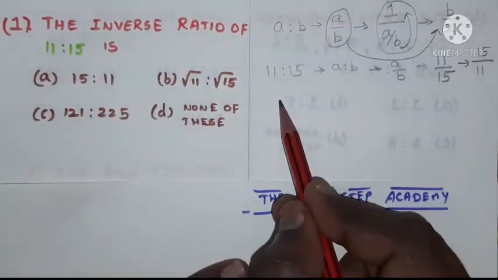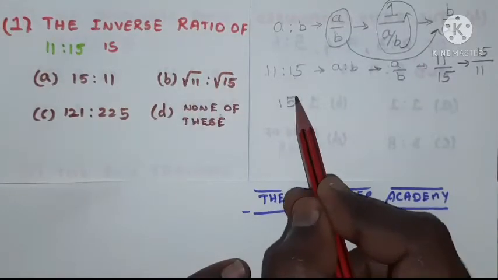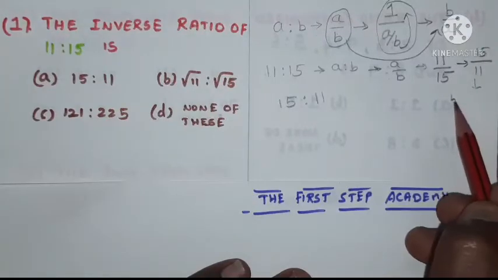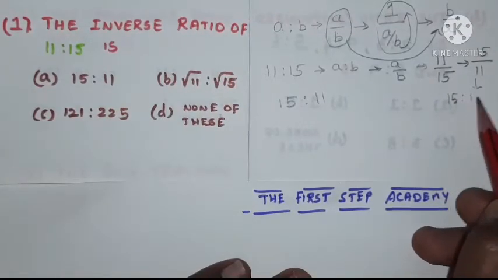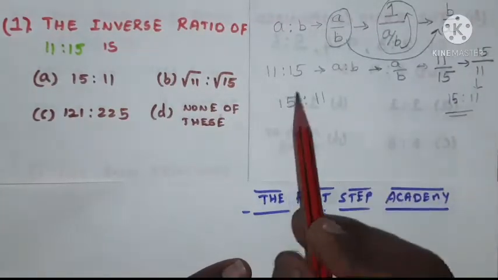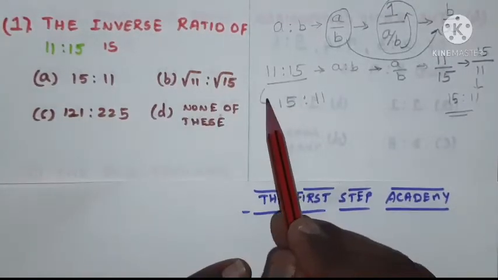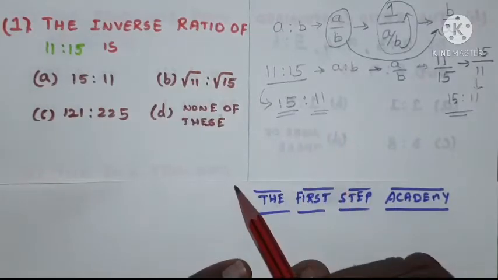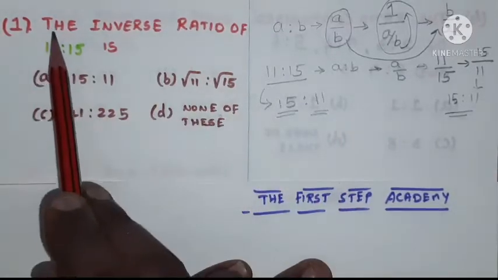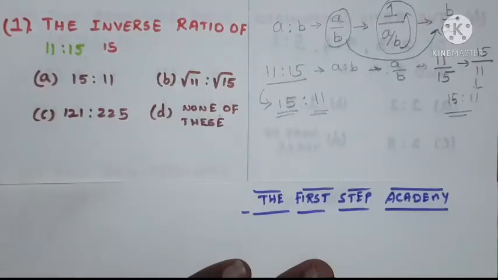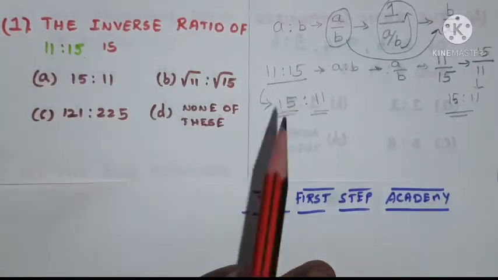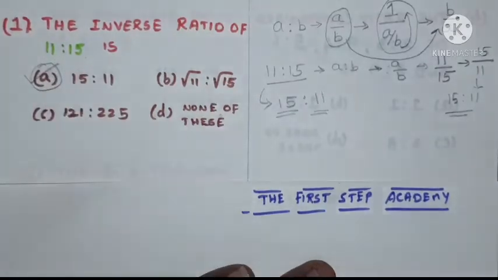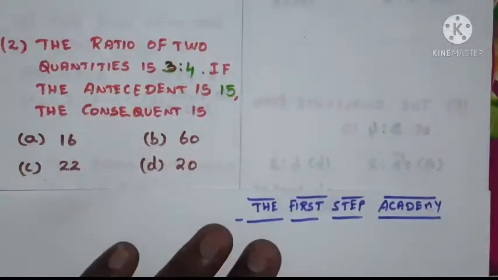So the inverse ratio of 11 is to 15 is 15 is to 11, where 15 is the antecedent and 11 is the consequent. They asked us for the inverse ratio of 11 is to 15. It's a very simple, direct question. The answer is option A, 15 is to 11. Right? Hope you understand.